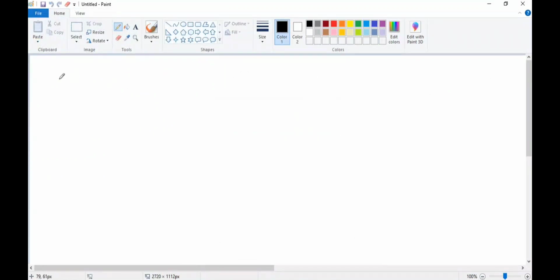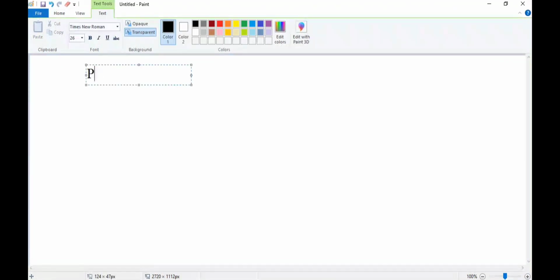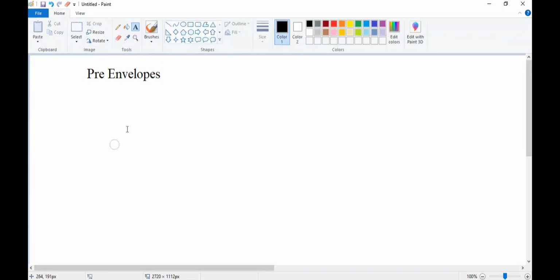Let me start the next topic, the pre-envelopes. Pre-envelopes are used to get only either the positive frequencies. If we take the Hilbert transform, we get both.